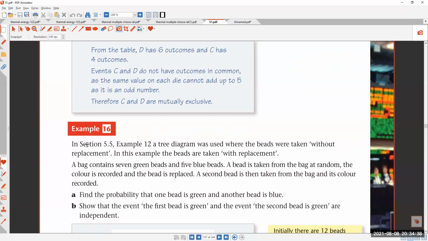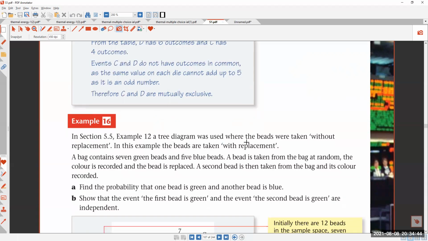In section 5.5 there was no replacement, here there is replacement. A bag contains 7 green beads and 5 blue beads. A bead is taken from the bag at random, its color is recorded and the bead is replaced. A second bead is then taken from the bag and its color recorded.